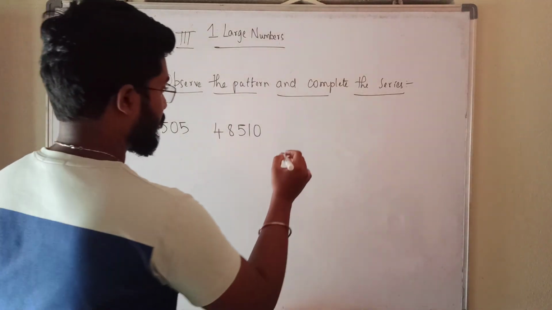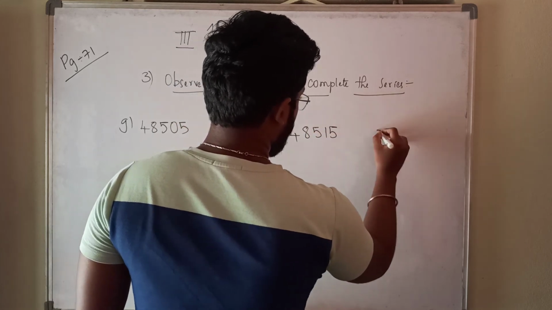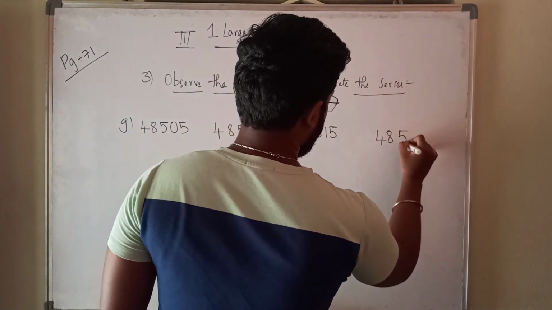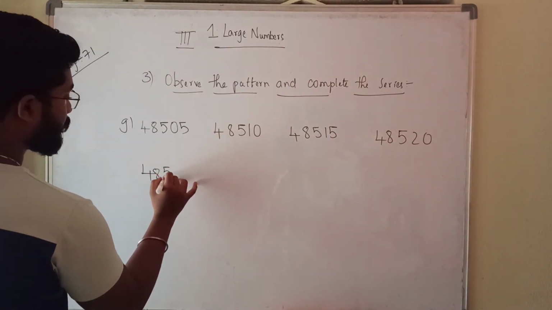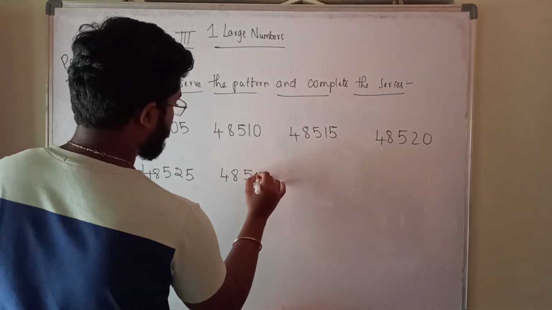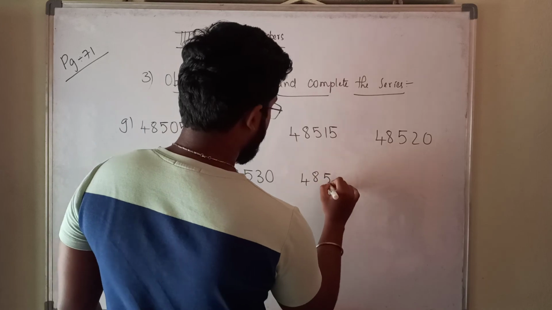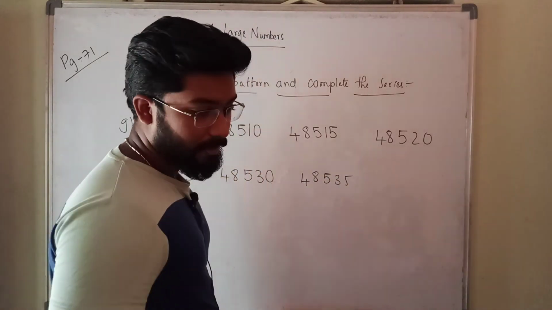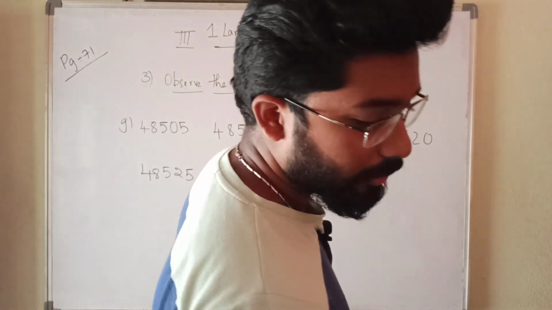Next, add plus 5. 48,515, 48,520, 48,525, 48,530, 48,535. Just you have to add 5 because he is telling there skip 5, no? So just you have to add 5.